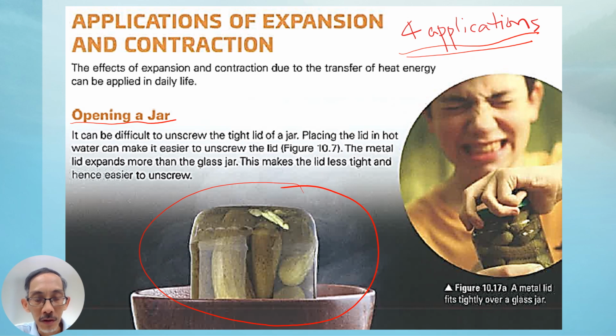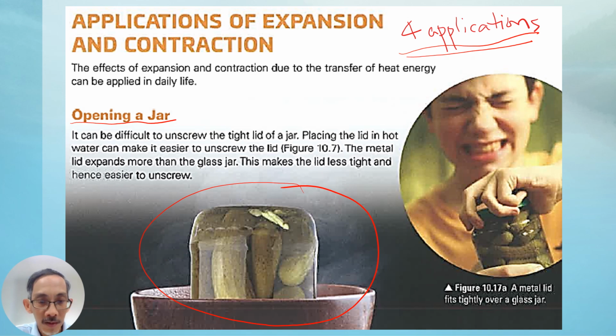As you know, glass does not expand as much as the metal lid. So after the metal lid has absorbed enough heat from the hot water, it will expand more than the glass. After which you take it out, and then you find it very easy to unscrew the tight lid.